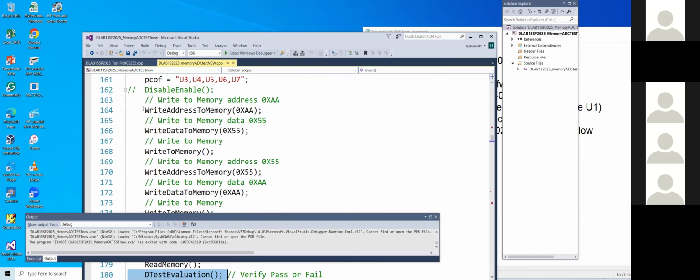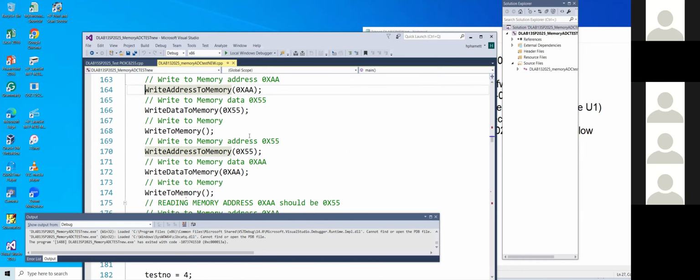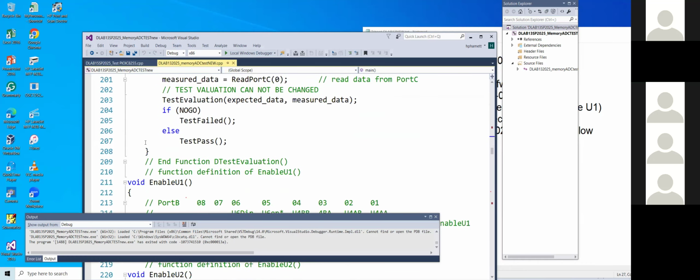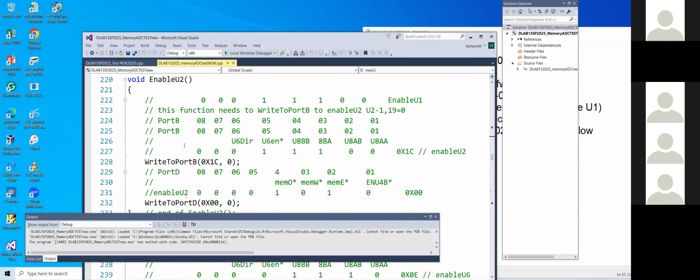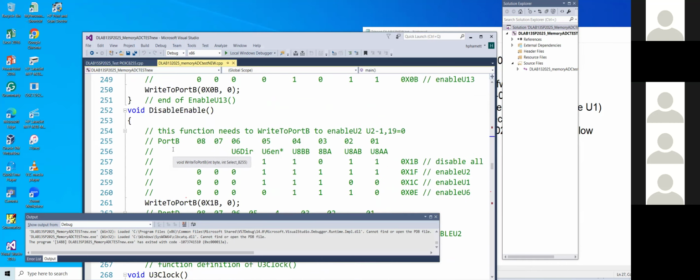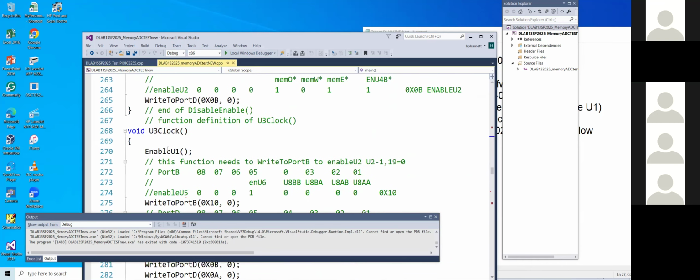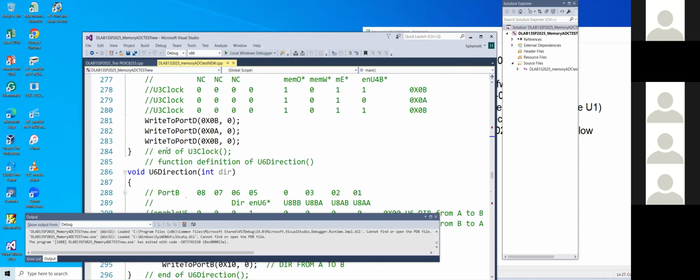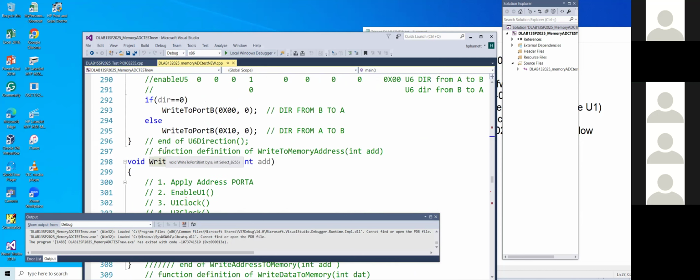So for the write to the memory here, you can go to write address to memory to see what they are doing.